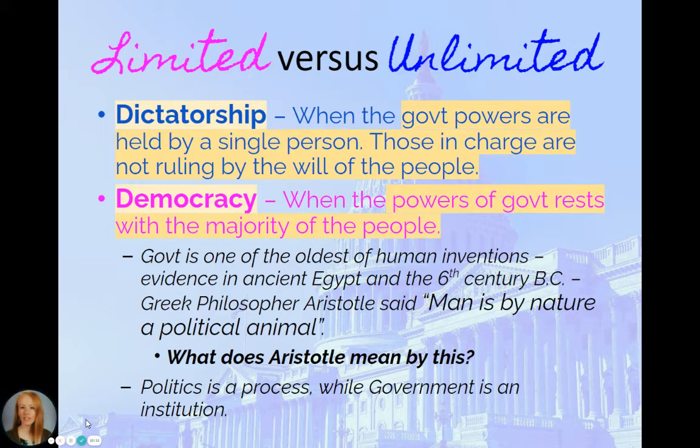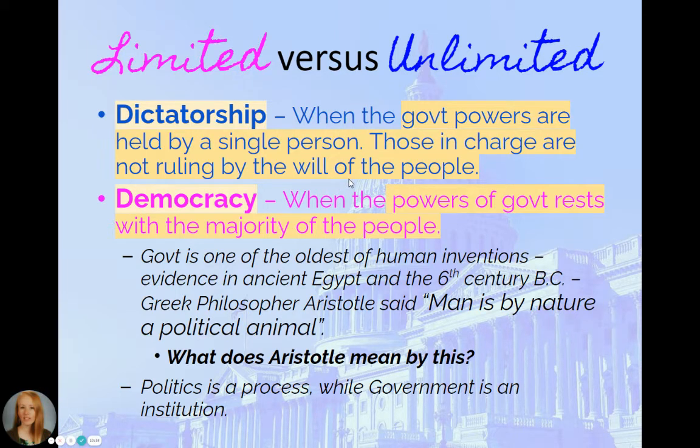Moving on to limited versus unlimited. The major differences between the two could be unilaterally categorized as dictatorship versus democracy. A dictatorship is when the government powers are held by a single person, and sometimes a small group of people, but most usually a single person. Those in charge are not ruling by the will of the people.